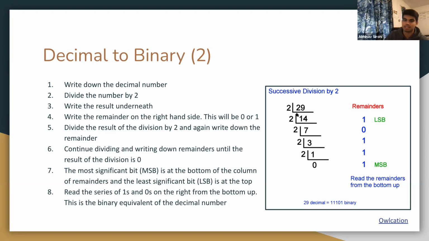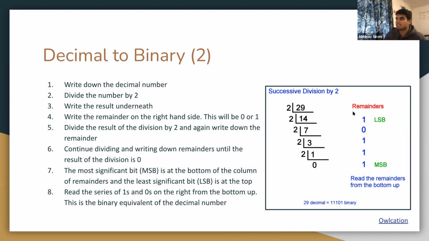You don't write the part after the decimal point, so it's only the whole number part. Then you write the result underneath, and you write the remainder on the right hand side, which is what's written here.